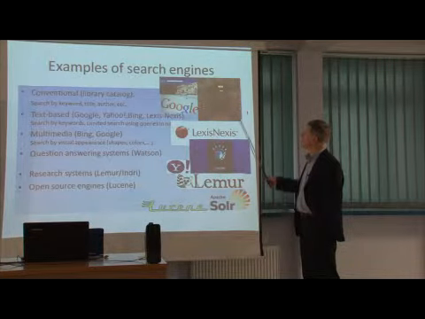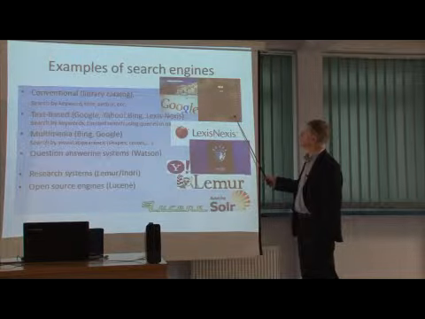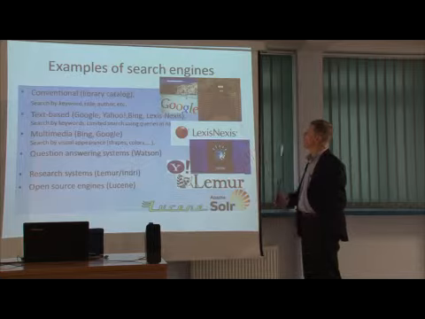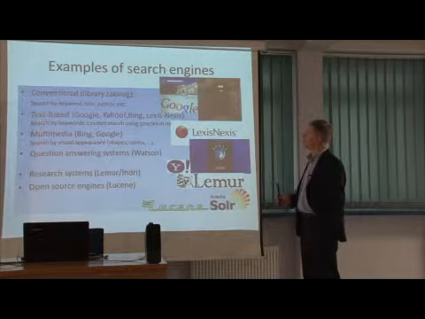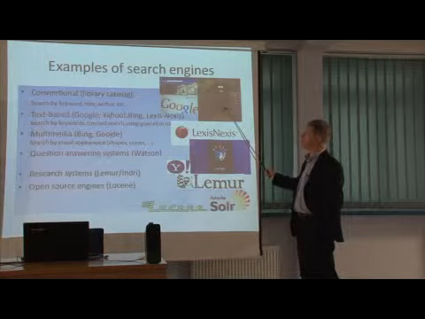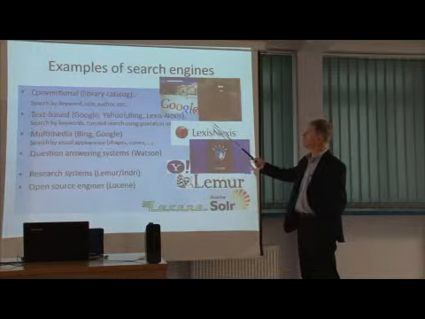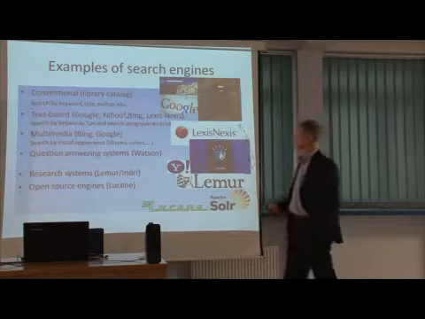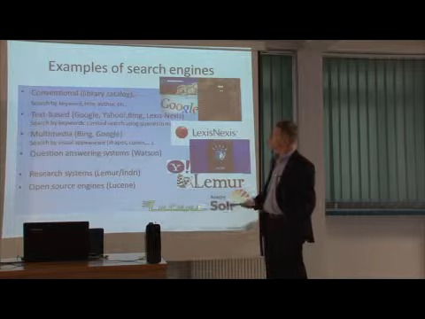Obviously, the problems of finding a book in a library versus searching something on the internet are somewhat different. Nevertheless, some of the techniques that have been developed for libraries are applicable to web searches. Some others are not.